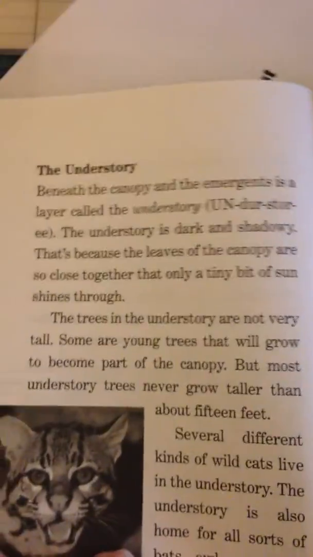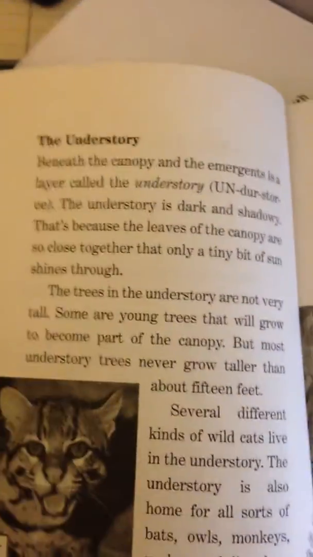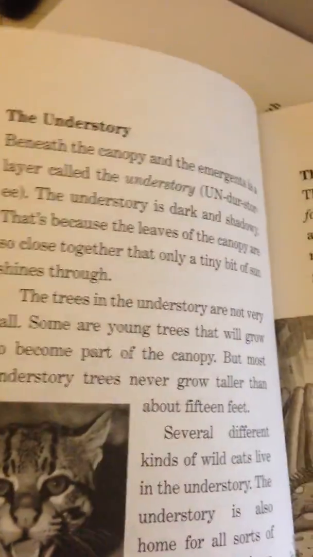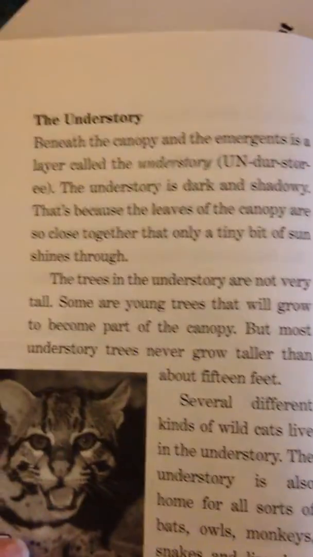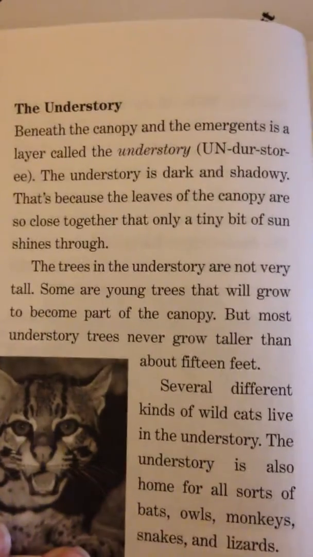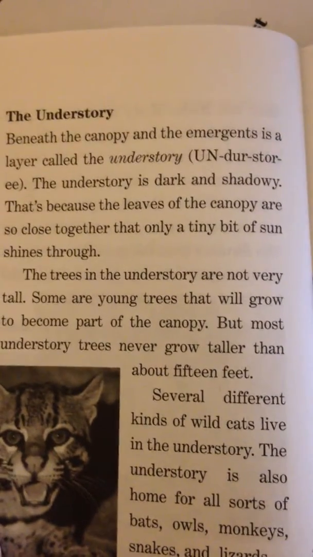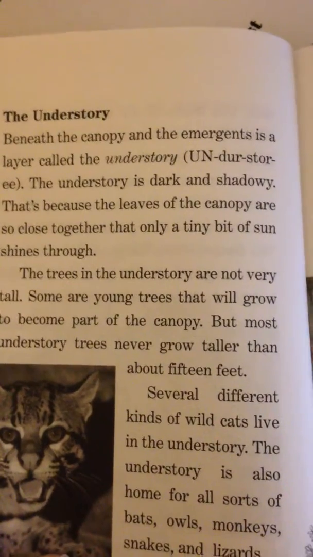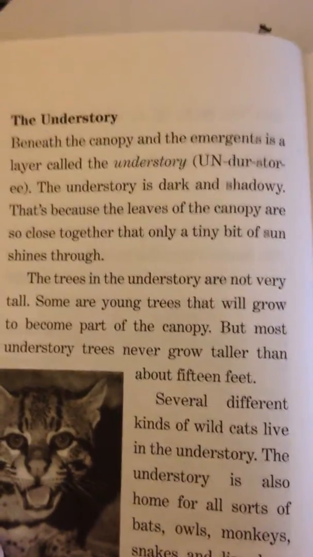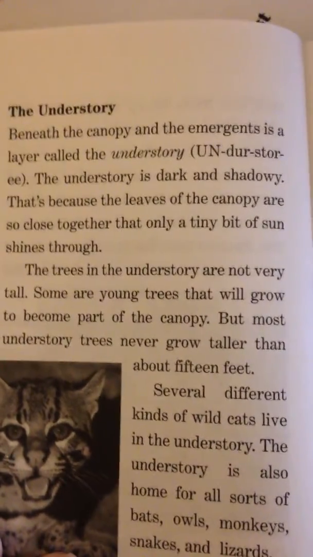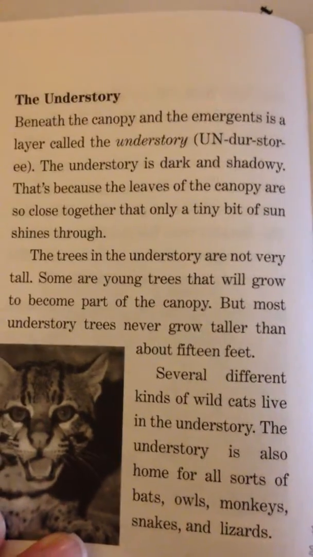The understory. Okay, just 1 second. The understory. Beneath the canopy and the emergents is a layer called the understory. The understory is dark and shadowy. That's because the leaves of the canopy are so close together that only a tiny bit of sun shines through.